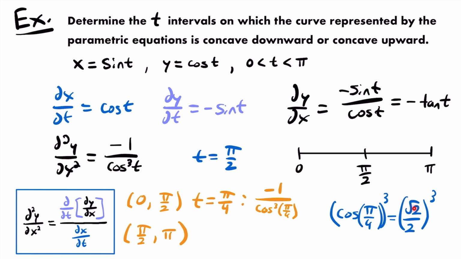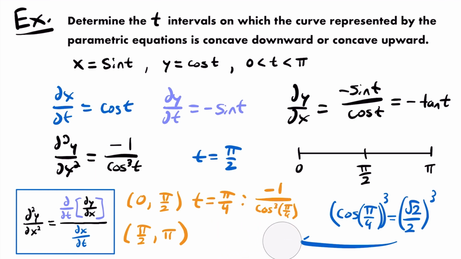So the square root of 2 times itself is 2, and then times another square root of 2 will give you 2 square roots of 2, and that will be divided by 2 cubed. So you'll have 8 in the denominator, and 2 divided by 8 leaves you with 1/4. And so really, this will be the square root of 2 divided by 4. And so that is going to be the value of cosine cubed of pi divided by 4.